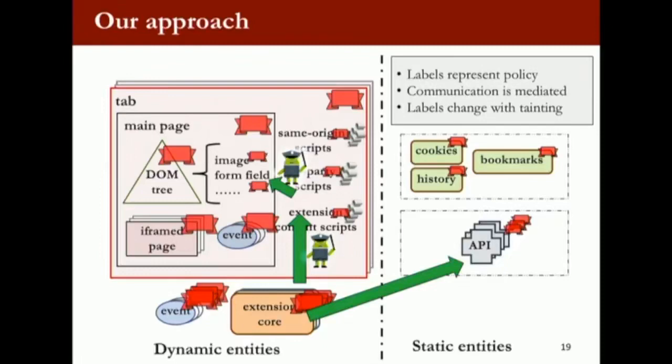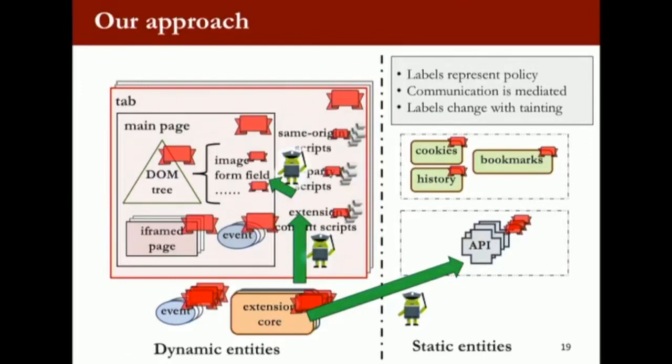And of course, when the extension core tries to access a browser API, such as clearing or changing all the cookies, this will also be checked by a reference monitor. That's roughly how this works. And here, we allow labels to change at runtime with tainting. We could have an entity that initially doesn't contain any secret. Upon receiving a secret, we change the label to mark that this entity now contains a secret.